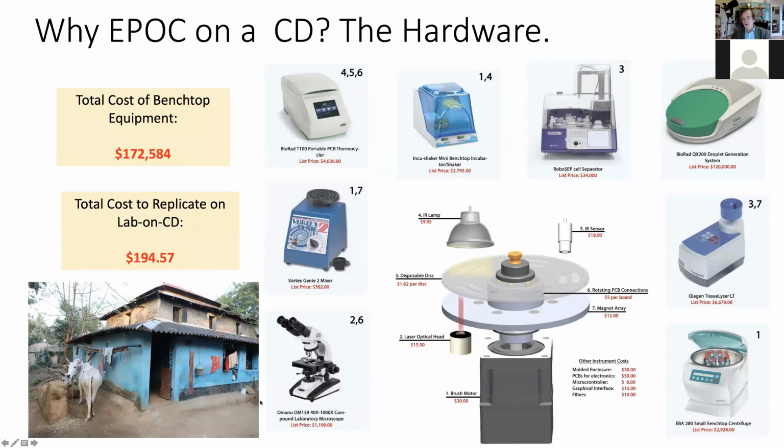And to make that even more clear to the mind, what we have done here is we have taken all of the equipment that you have in the lab, typically, we put the cost of this, right? And if you compare the total of all of these instruments, you end up with, just a second.